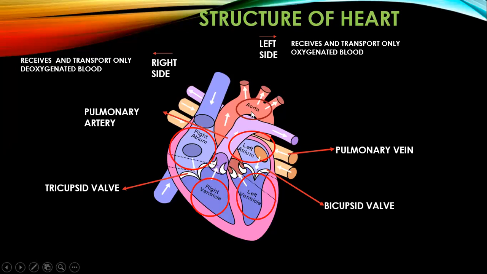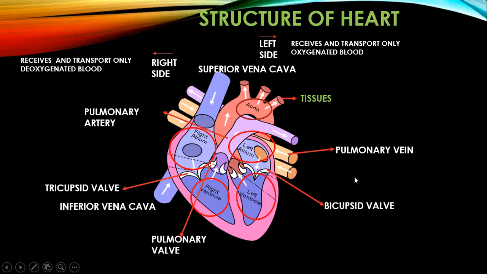Then you have the largest artery, the aorta, which is taking away the oxygenated blood from the left ventricle and sending it to the tissues. Then you have the superior and inferior vena cava, which are bringing the deoxygenated blood and throwing it into the right atrium of the heart.